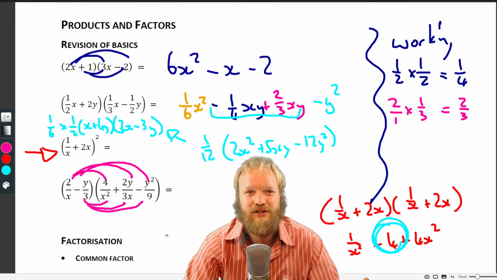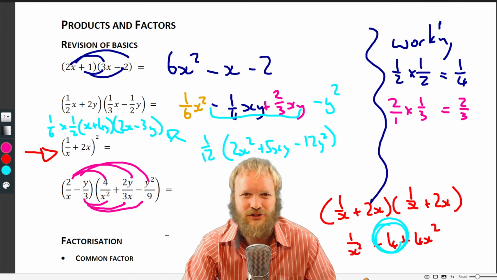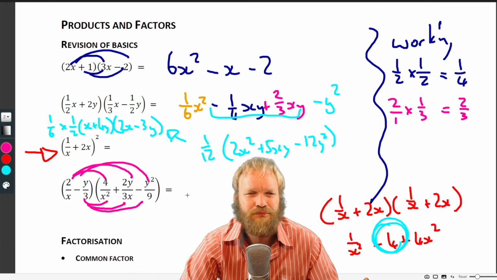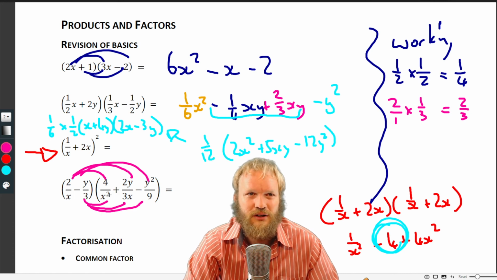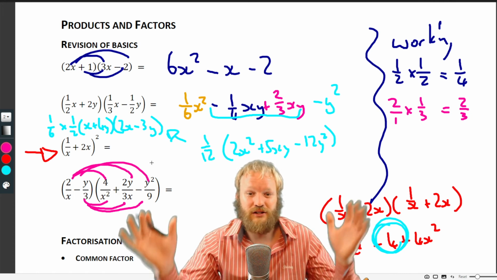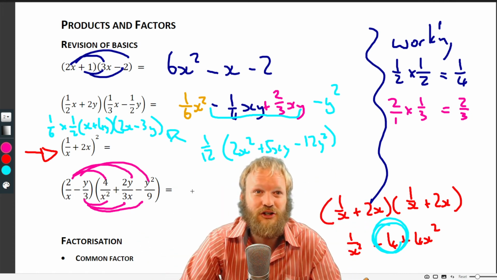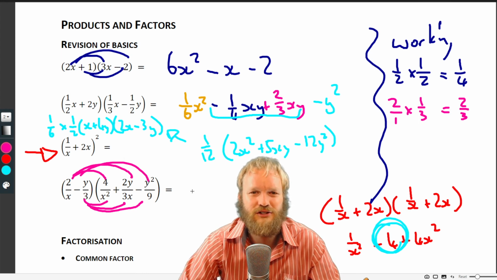Some things are going to cancel, they're going to be like terms. I think I'm going to pause and see all the strategies you suggested before, and then we can come back to it, because really the simplest is just multiply this by this term, and we're going to have 6 terms in the end, and that's great.